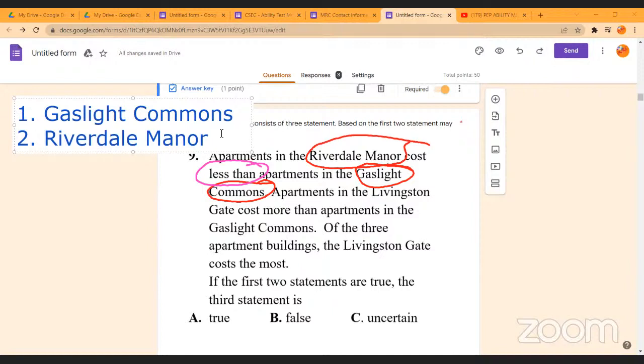All right. Now read the next statement for me, the next sentence.